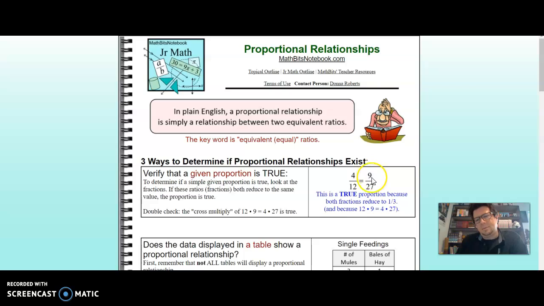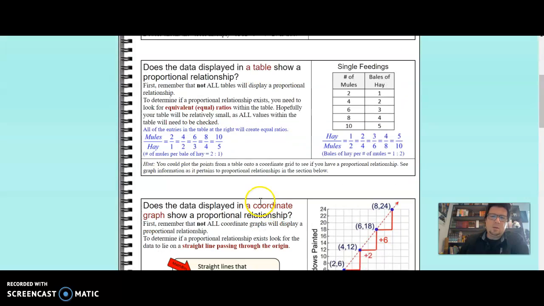Okay? Same with 9 can turn to 1, and then 27 divided by 9 would be 3. All right, so both of these can become 1/3. That means they are proportional in their relationship.